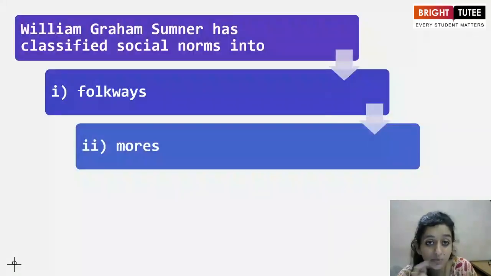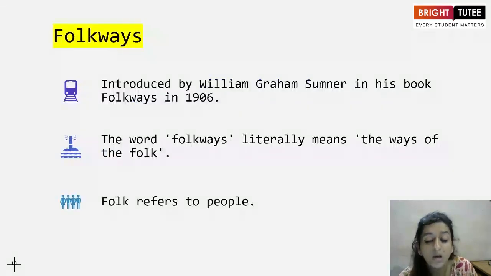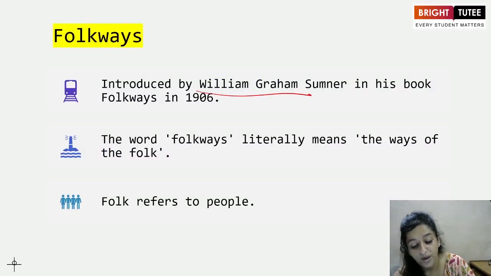The other description of social norms is the folkways and the mores, described by William Graham. He has described two types of norms. Now, talking about folkways, it was introduced by William Graham in the book Folkways in 1906.